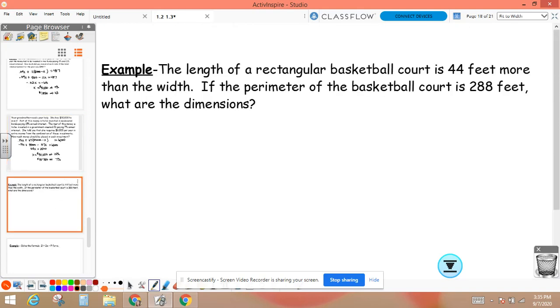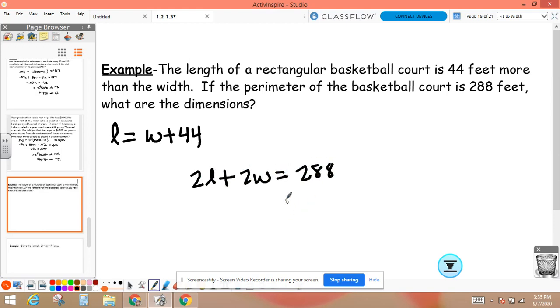Okay, so the length of a rectangular basketball court is 44 feet more than the width. If the perimeter is 288, what are the dimensions? All right, so first of all, length is 44 more than width, so we know this is true. When we do the perimeter formula, it's 2L plus 2W equals 288.